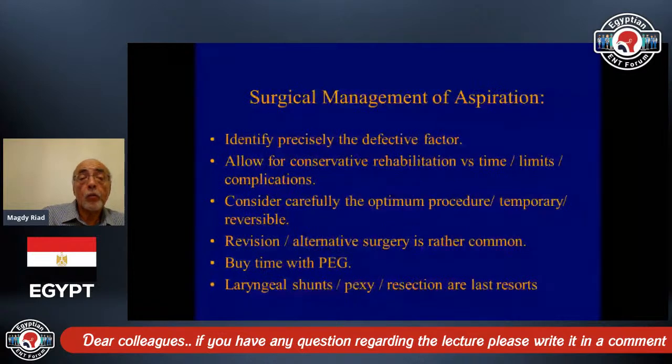You may try to buy time using things like PEGs or even tracheostomy sometimes, if you are forced to because of a very bad chest condition. But the more drastic operations of laryngeal shunts and laryngeal pexes and even laryngectomy should be your last resort. You should have tried everything else before you come to this point.